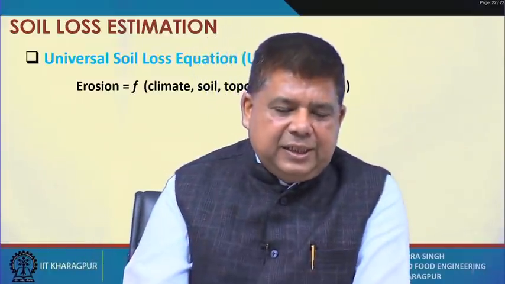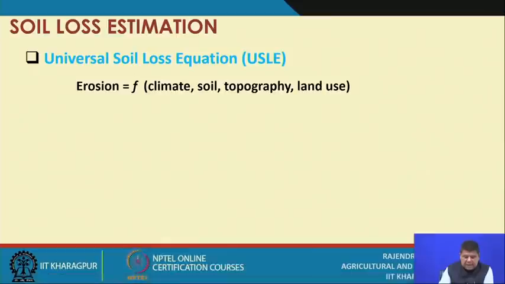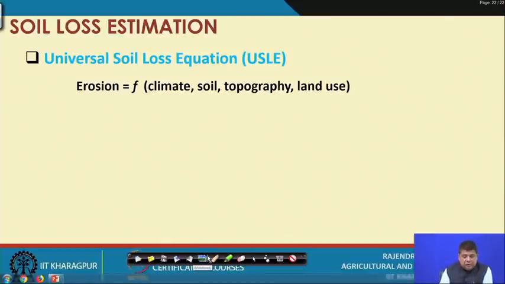The same equation is written here also, only the terminologies are a little bit shuffled. Climate, topography, vegetation or land use, and soil, all four are here, but they are written a little differently. Ultimately these are the factors which are responsible for erosion, and that means the universal soil loss equation also considers only these components.